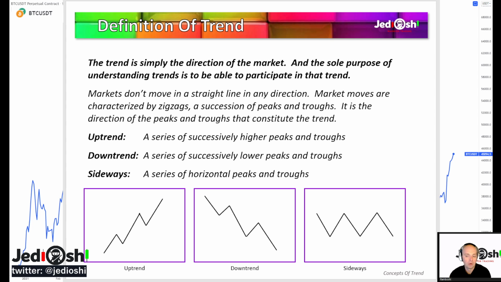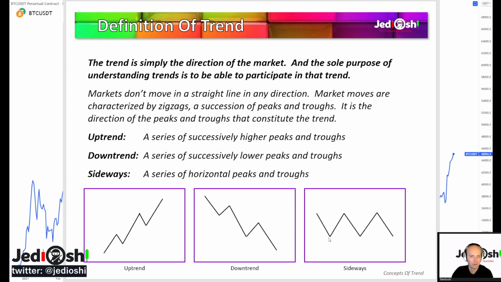Sideways is a series of horizontal peaks and troughs. So you have uptrend, little cartoon here. Uptrend, higher highs, higher lows. Downtrend, lower high, lower low, lower high. And sideways, you have a series of horizontal peaks and troughs.